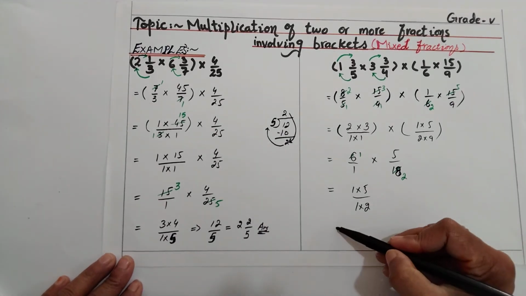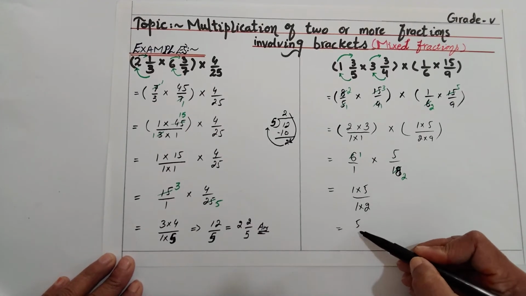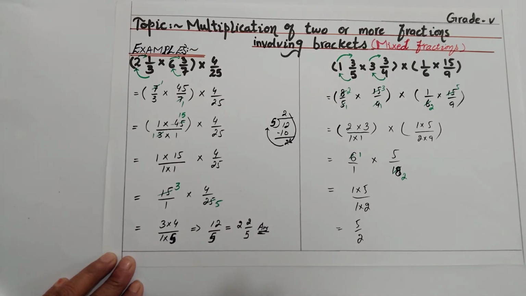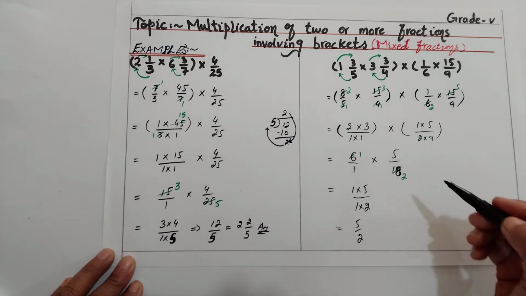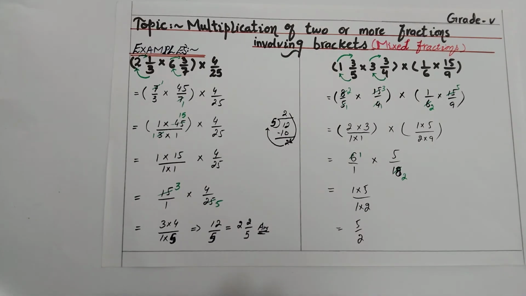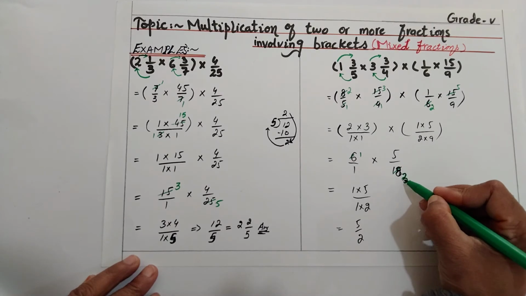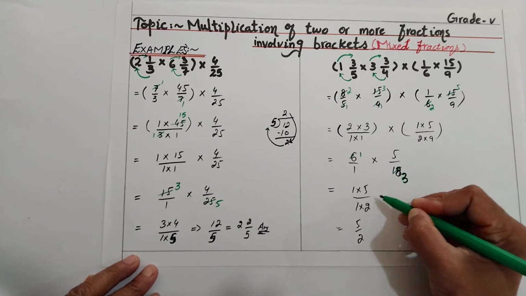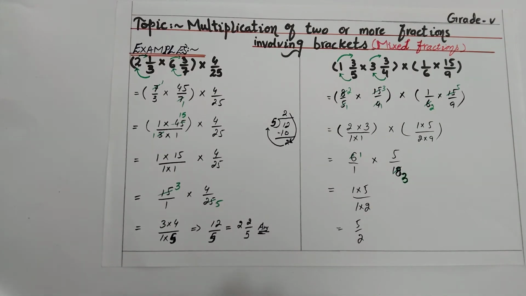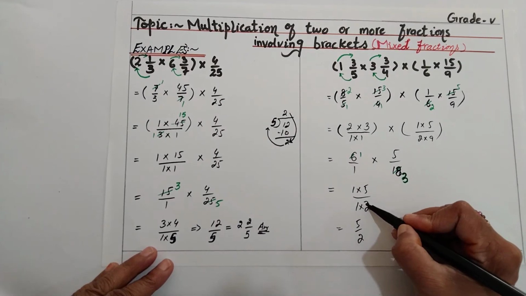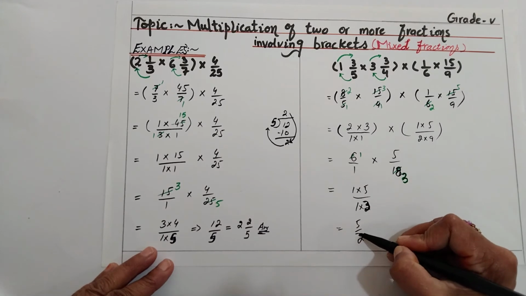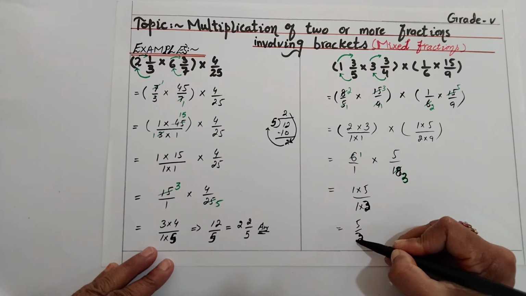So 1 fives are 5 and 2 ones are 2. So 5 over 2, sorry, again I have a mistake, really sorry. 6 ones are 6, 6 threes are 18. So here we have 3. Here we have 3. So 5 over 3.